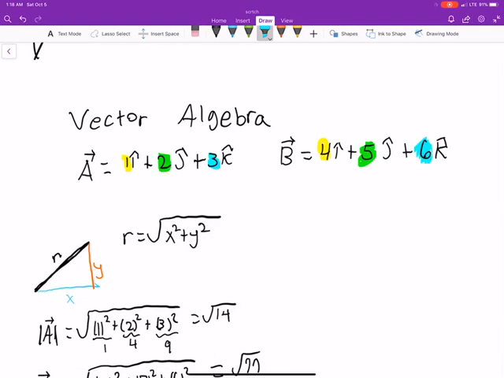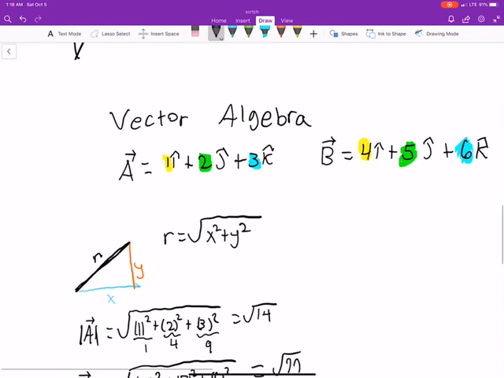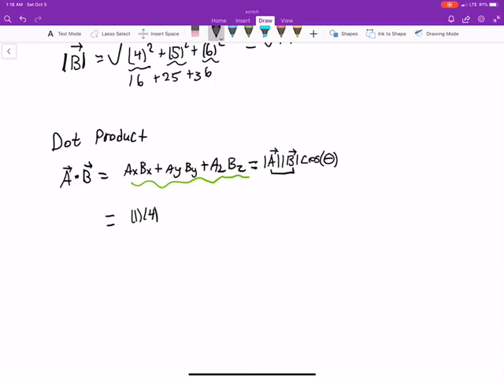And we'll get this scalar in return. You see why I picked these numbers now. This is 4 plus 10 plus 18, which is, let's see, 14 plus 18, so 32. So there's our dot product.